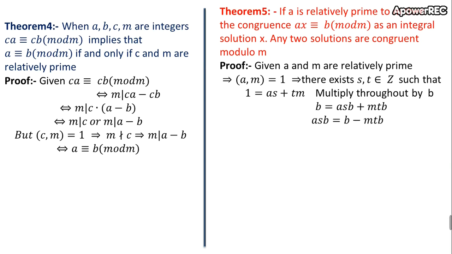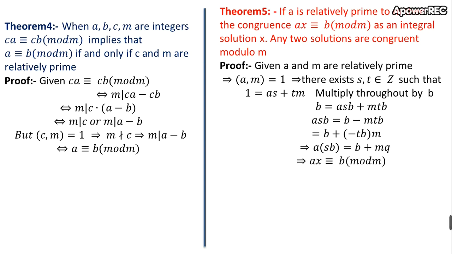Taking MTB to the left-hand side, I get ASB equals B minus MTB. Taking B as common on the right-hand side, that is B plus (minus TB) into M. That means A into SB equals B plus MQ. I denote minus TB as Q.